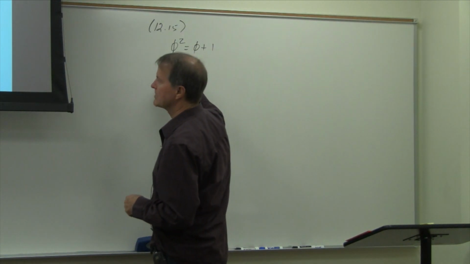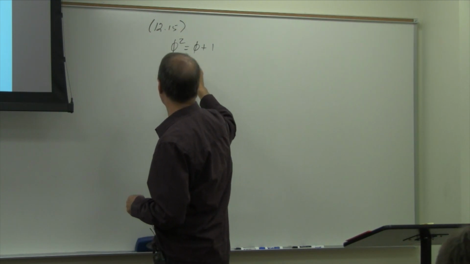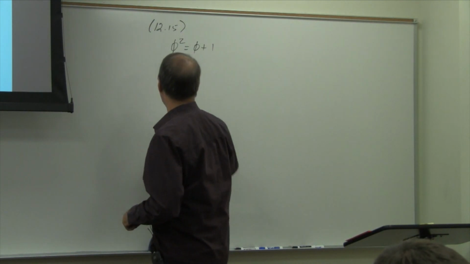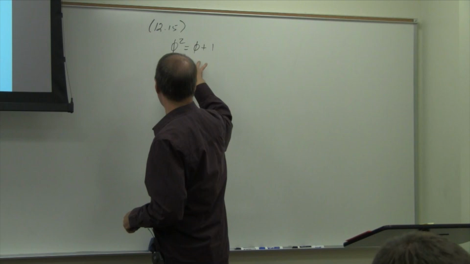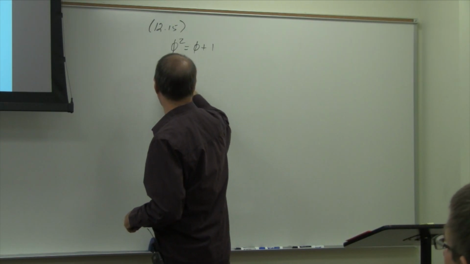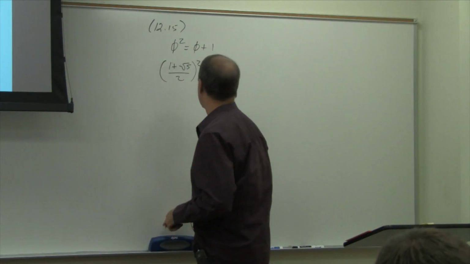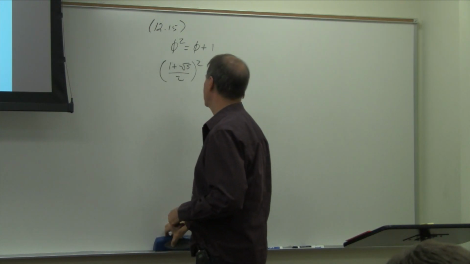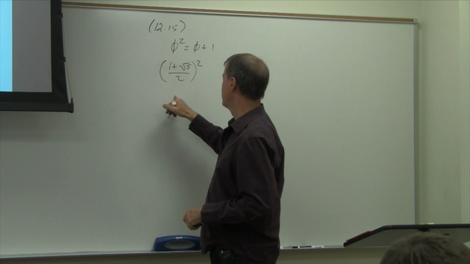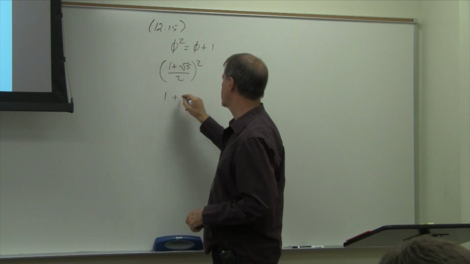Well, let's do it. We're starting with the whole thing. So this is 1 plus the square root of 5 over 2 squared equals, well, let's just do the one side.